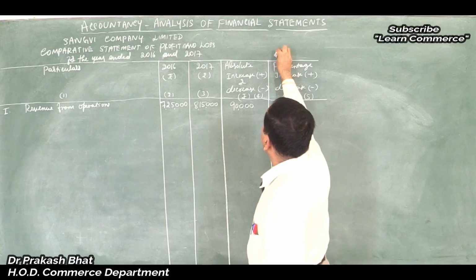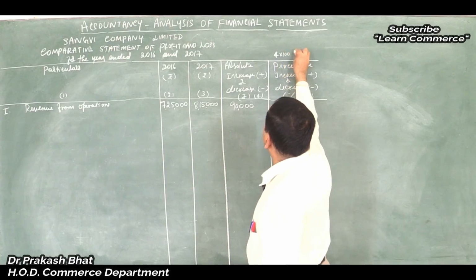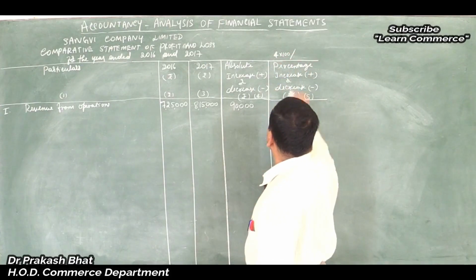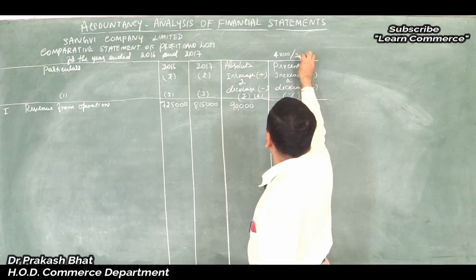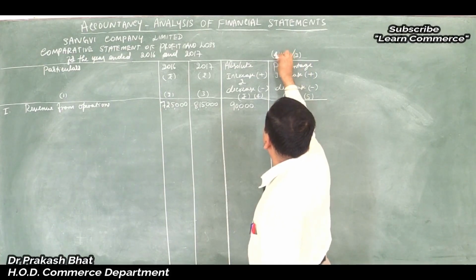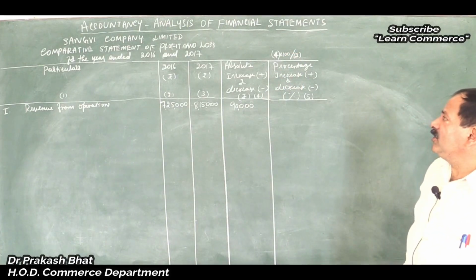Column number 4 into 100 divided by column number 2. Column number 4 into 100 divided by column number 2.